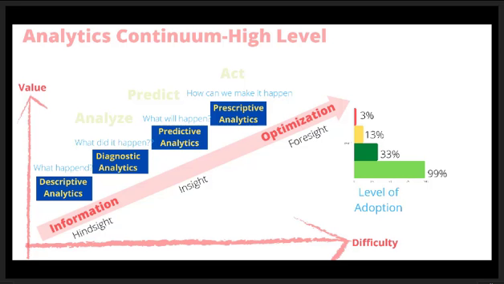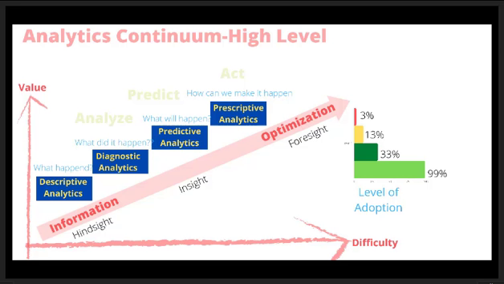So broadly, again, four things. Descriptive analytics describes exactly what happened. Diagnostic analytics will tell you why it happened. Predictive analytics will tell you what will happen in the future if this continues. And finally, prescriptive analytics will tell you what action should be taken.